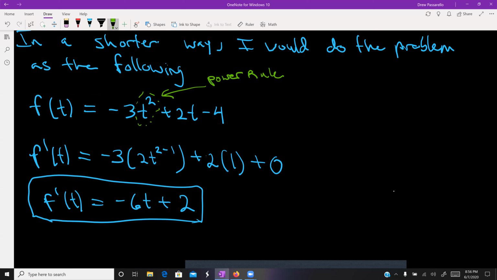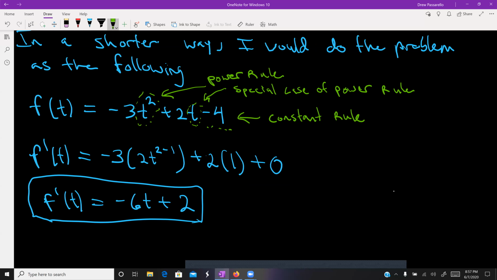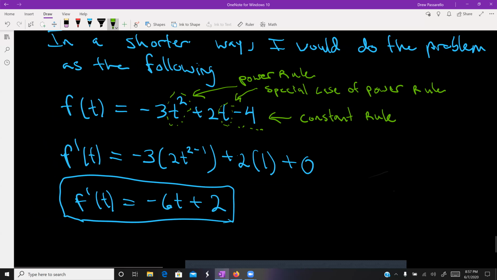And then I factored out 2, and I just worried about taking the derivative of just t. That just turns into 1, because that's the special case of the power rule. And then the last term is just a number. So it's just -4, and the derivative of that is 0, because that's using the constant rule. All right, that's how I did it for each component.